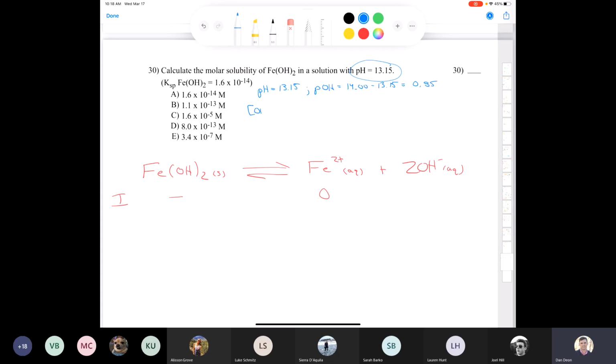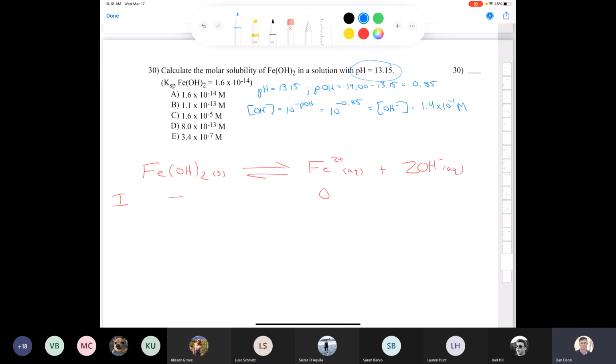And then the concentration of the hydroxide is going to be 10 to the negative pOH, which is 10 to the negative 0.85. So we get that the concentration of the hydroxide initially, since our solution has this pH, is going to be 1.4 times 10 to the negative 1 molar.